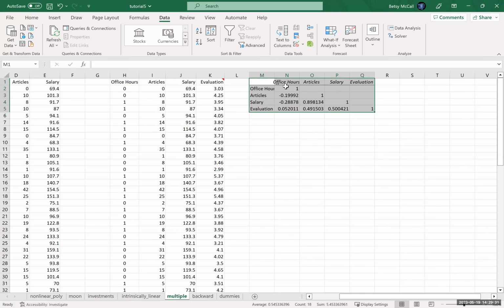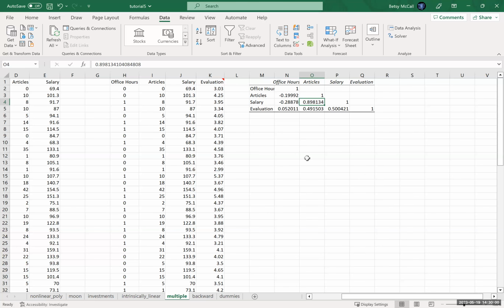And so in terms of the evaluation, we can look down here. How does the evaluation correlate with these other values? Office hours doesn't correlate very highly, which is surprising. Articles, about half a correlation. Salary, about half a correlation, 50% or so. Now, one thing that is notable here is that articles and salary correlate highly with each other.